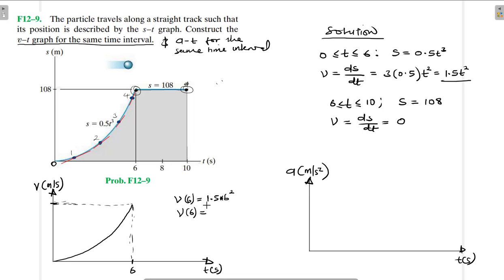That's 54, right? Okay, so this is going to be 54 meters per second. So this is 54 there, like so, right?